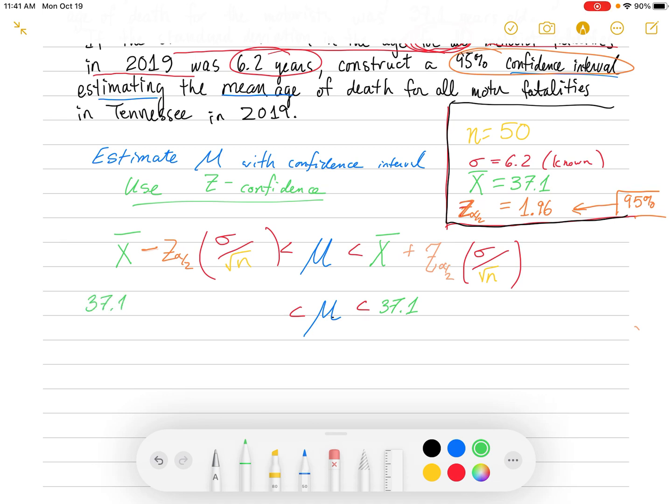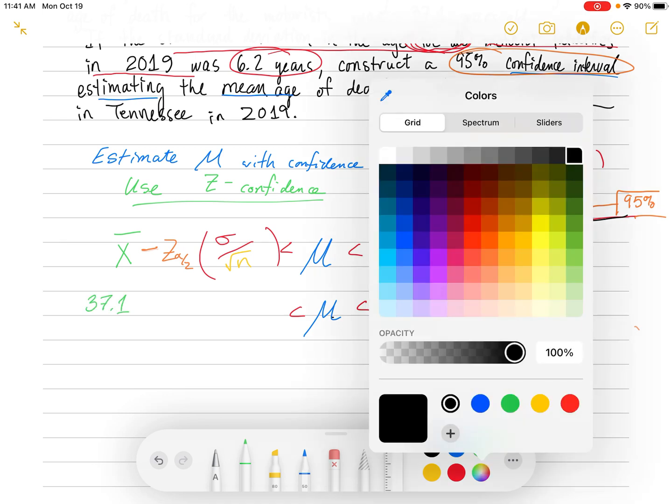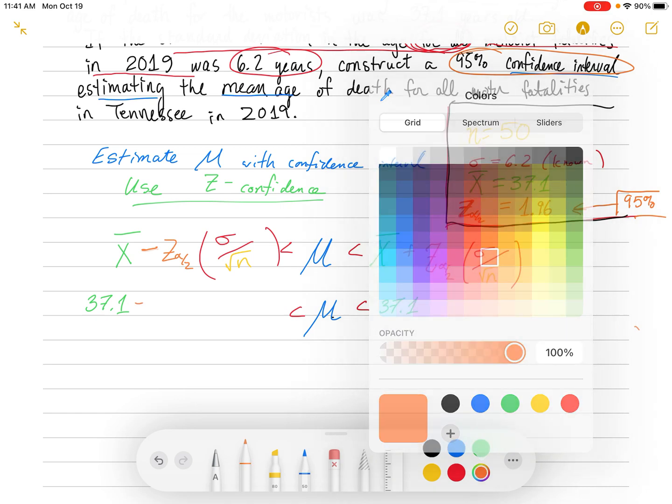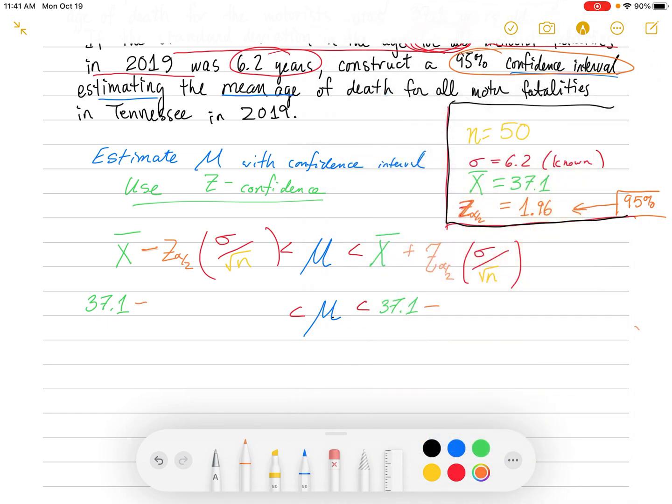So we'll have 37.1 for x bar minus z alpha over 2, we have 1.96. And then for sigma, we have 6.2.